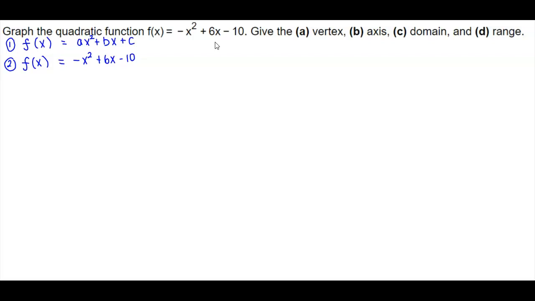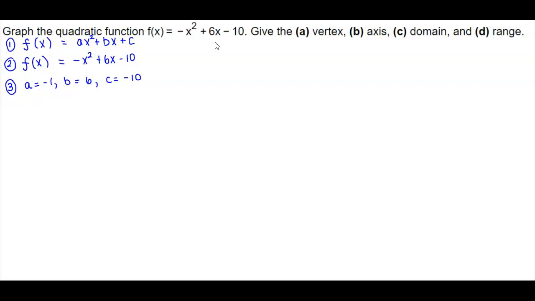What we need to do is find the vertex. Before we find the vertex, we need to identify a, b, and c. A is equal to negative 1, b is equal to positive 6, and c is equal to negative 10.